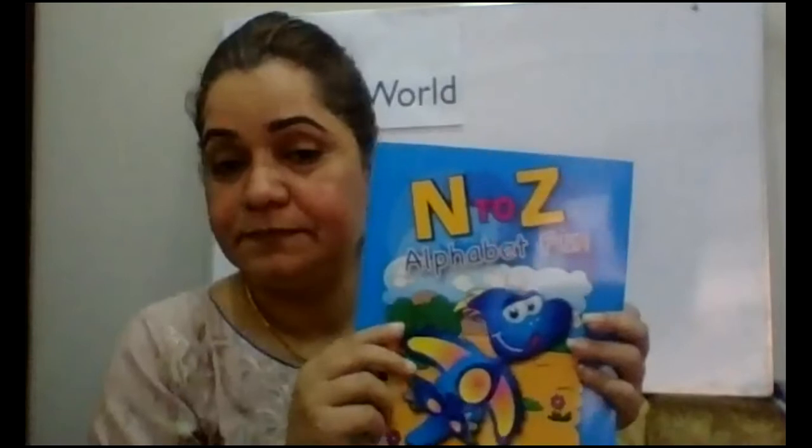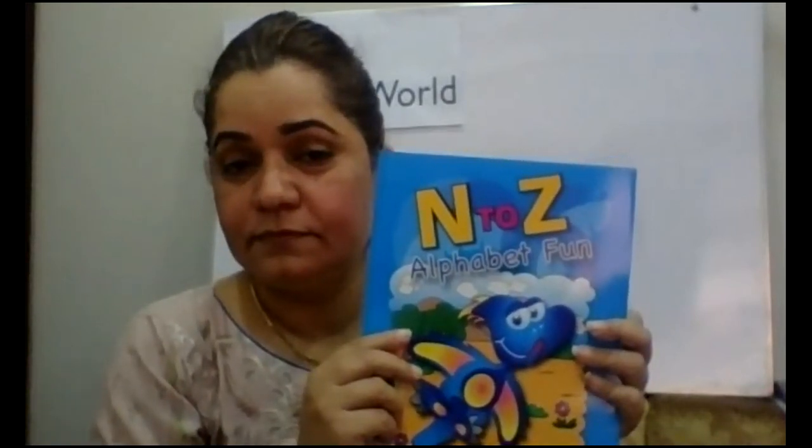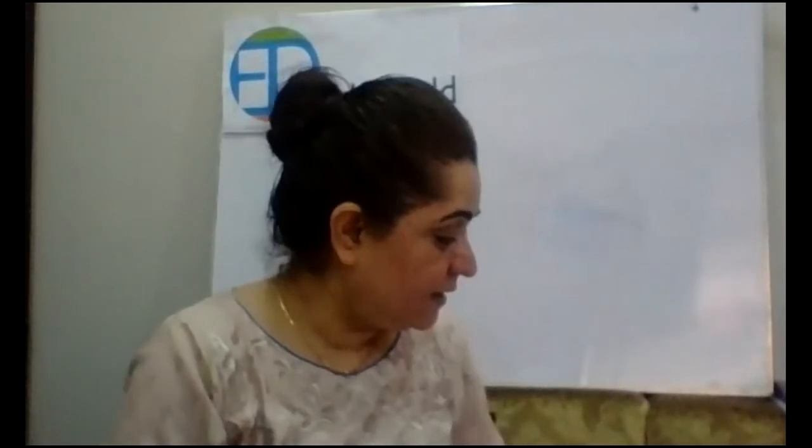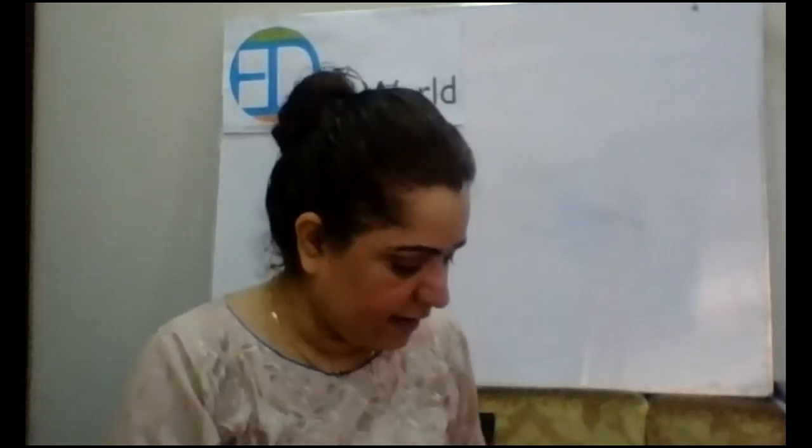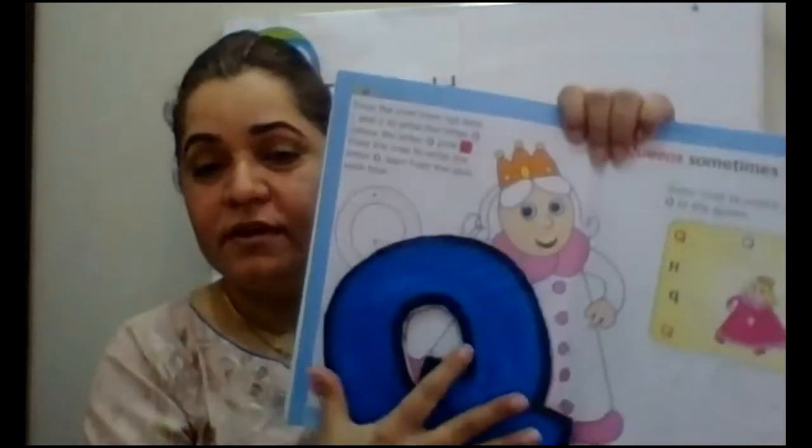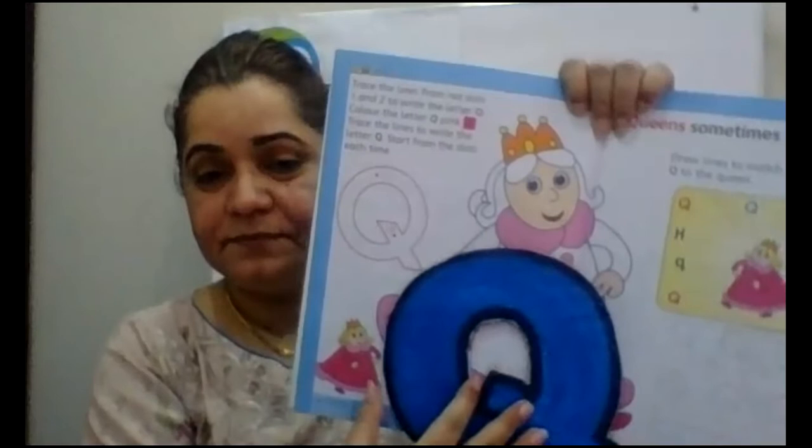So I want you to take out your book N to Z and have a look at this Q that is on page number 14. And this is exactly like this Q over here. Take out page number 14.